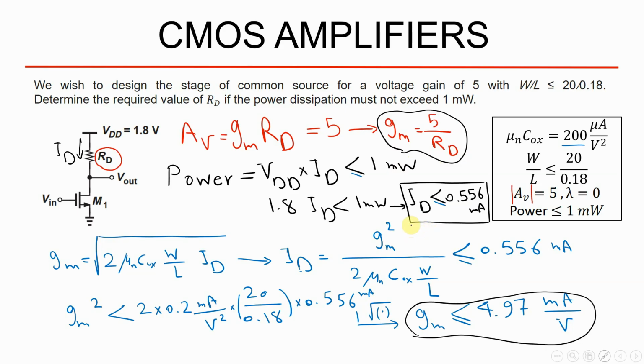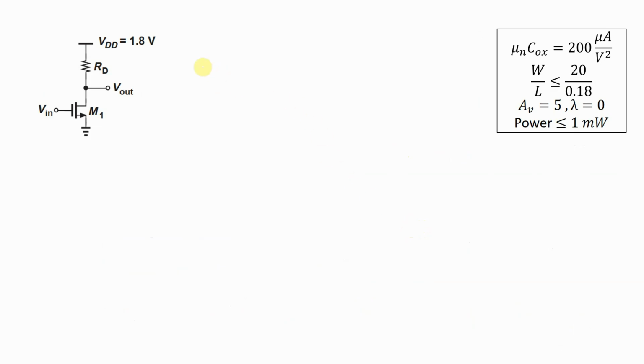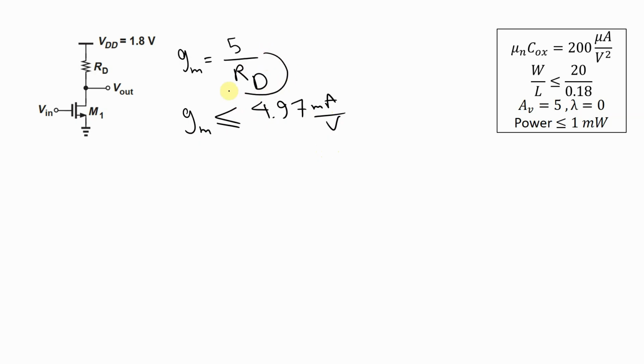So here GM was 5 divided by RD, and another important formula, GM is less than or equal to 4.97 milliamp per volt. So I can take this and substitute it into this equation.